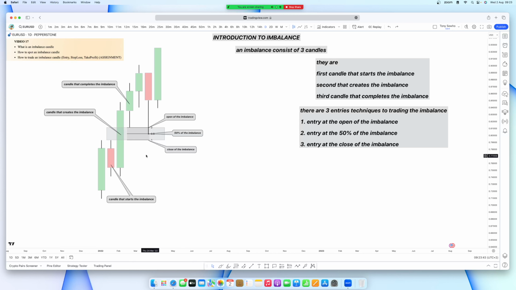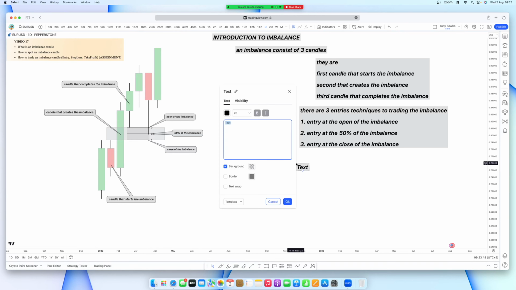So now where is your stop loss going to be? Now, the stop loss rule for trading the imbalance is that the stop loss should go directly below the low of the first candle that starts the imbalance.